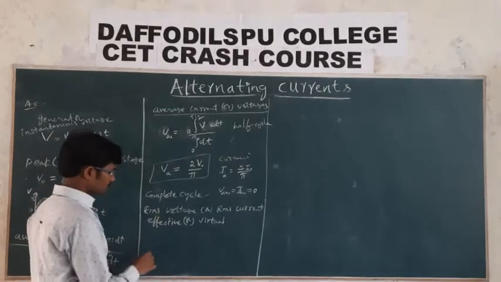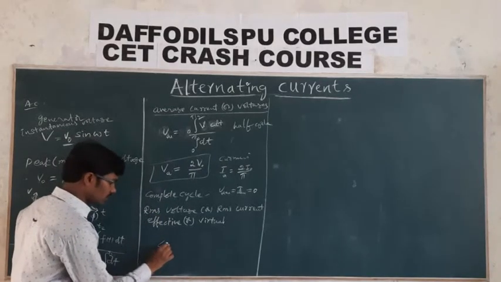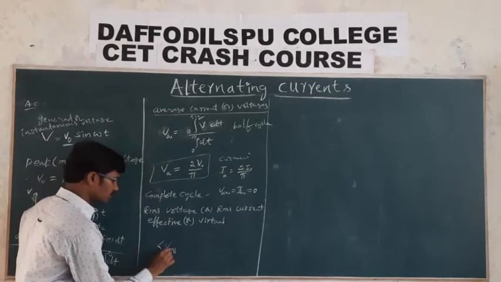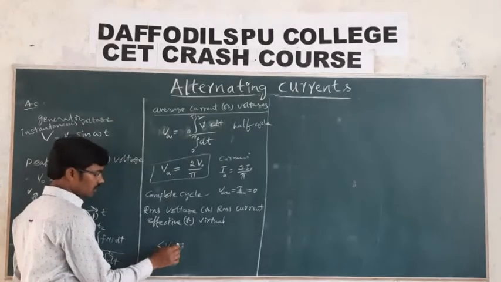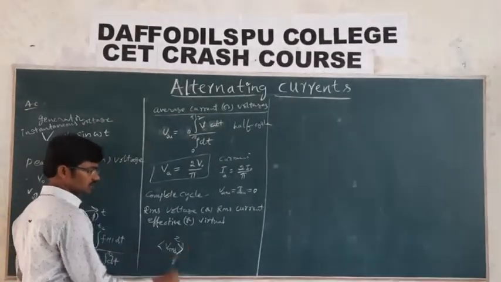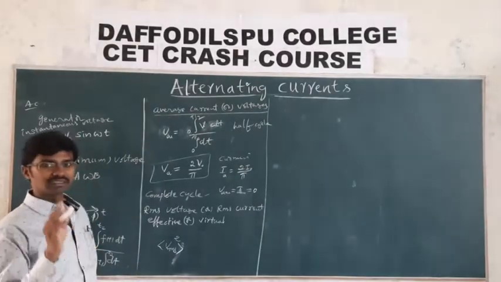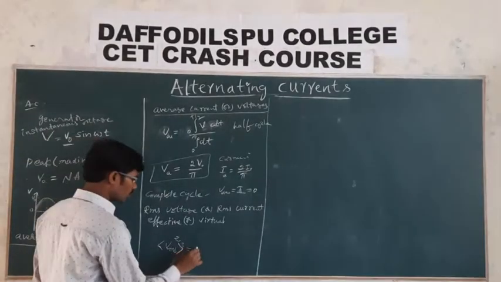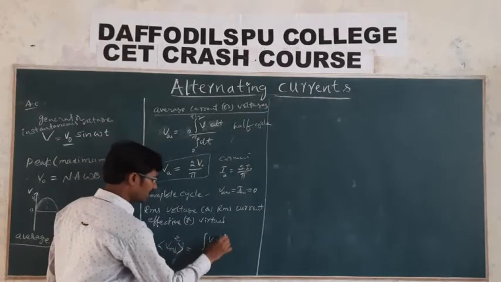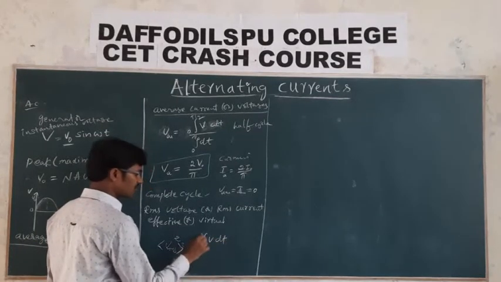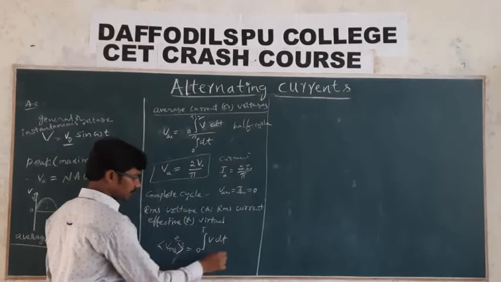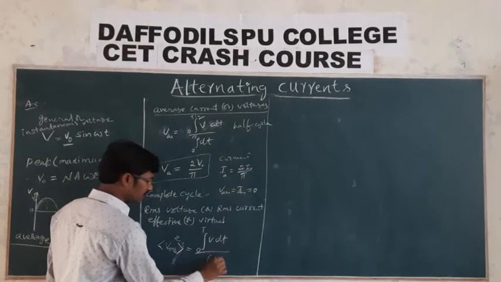Now, same as that, V RMS, root mean square voltage, root mean square current, is equal to the root of integral V squared dt, and limits are from 0 to T, by integral dt.